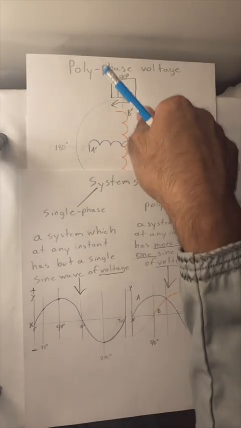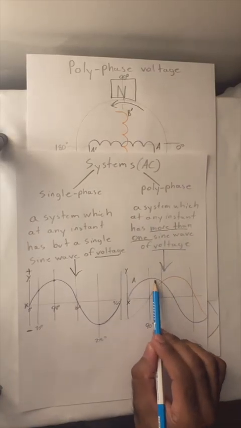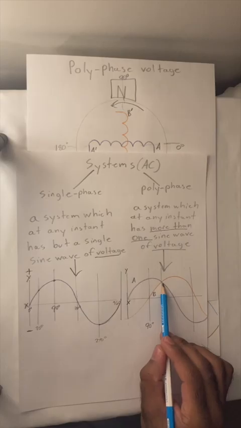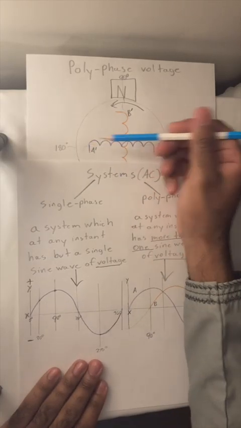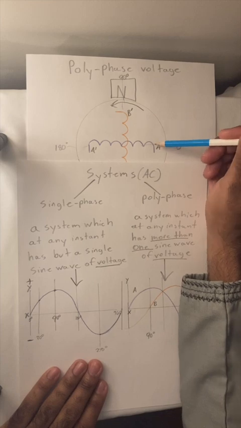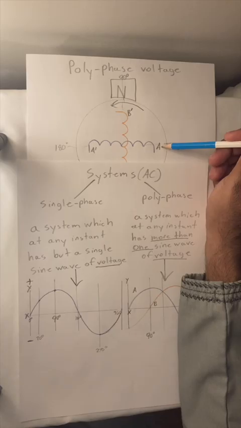As A continues on, it will decrease in value until it reaches 180 degrees, which would be here. So instead of A prime being here, it would be A, and A prime would be on the other side at 0 degrees.